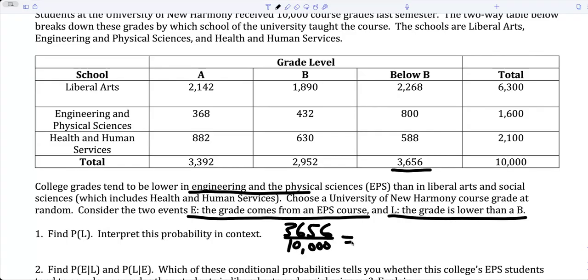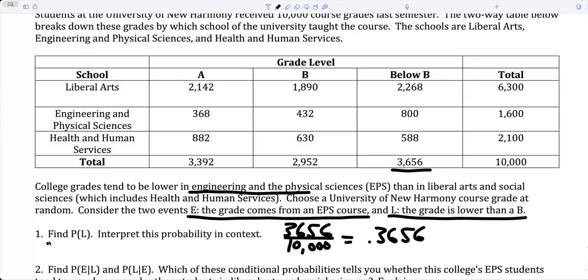We don't even need a calculator. What percentage is that? 0.3656. But then it says, interpret this probability in context.